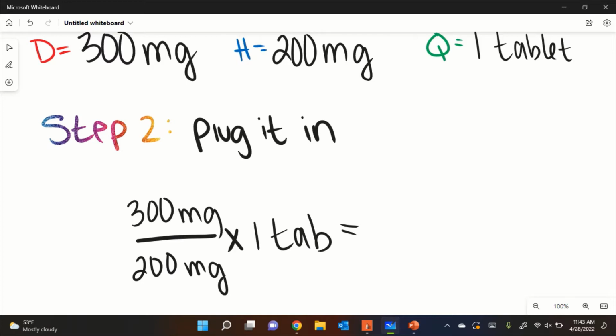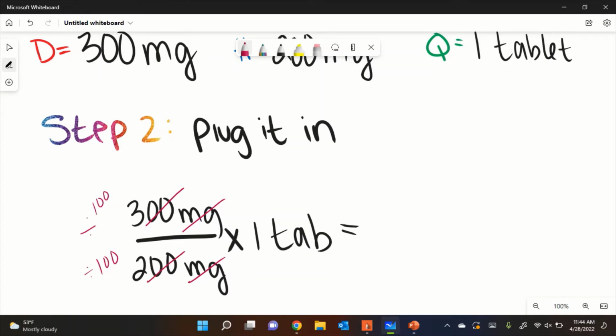Let's do the math here. 300 milligrams over 200 milligrams. Milligrams over milligrams cancels out. And we can divide each of these numbers by 100 in order to simplify this fraction. 300 divided by 100 is 3. 200 divided by 100 is 2.